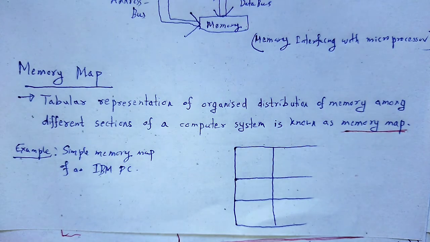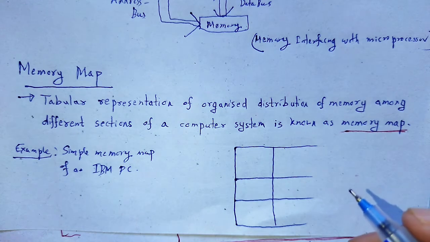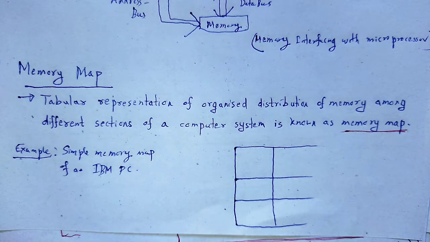A 20-bit address of a microprocessor allows 1 MB of memory space with addresses ranging from 00000 to FFFFF.